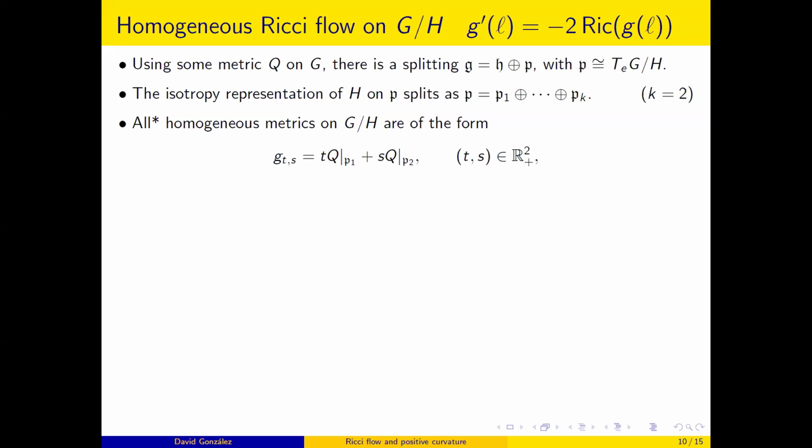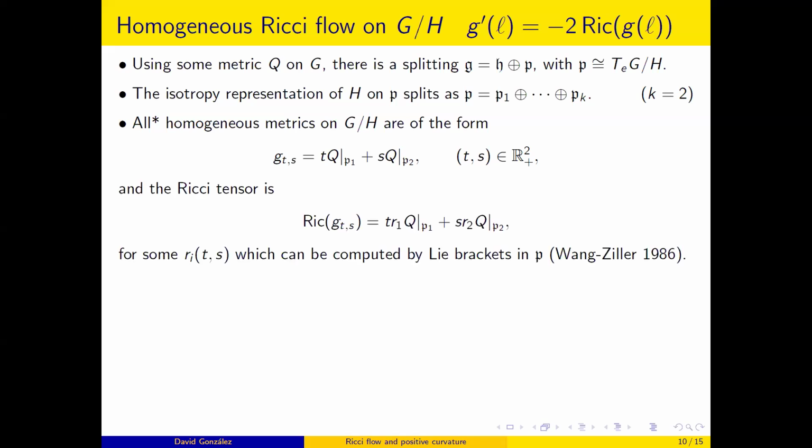Okay. Now, if you want to study the Ricci flow, you need to see how the Ricci tensor looks. And it is of this form, almost the same thing as the metric, but here you have R1 and R2. These are the Ricci eigenvalues.